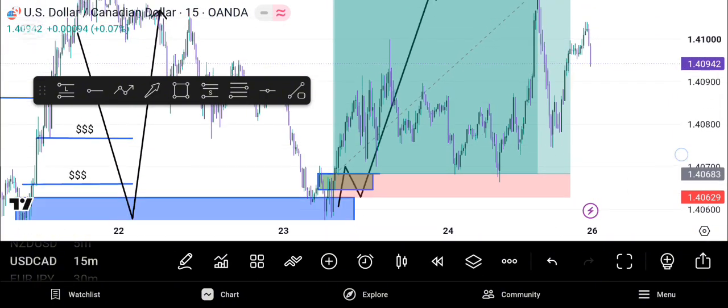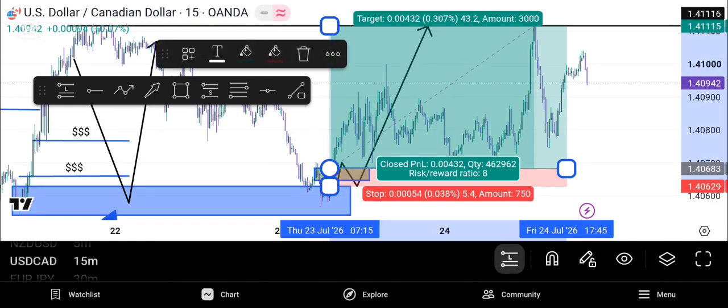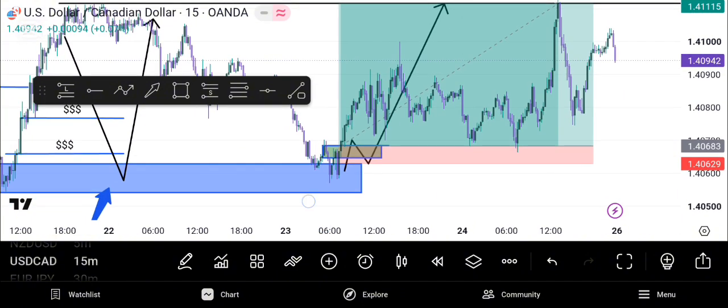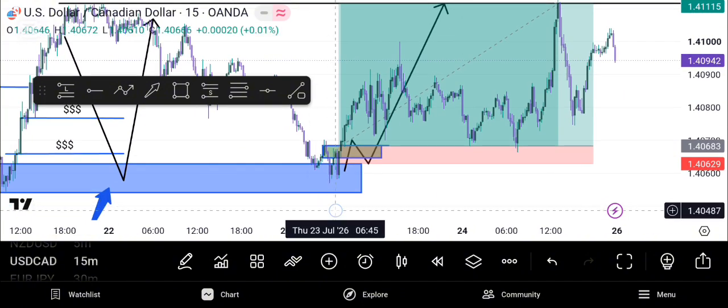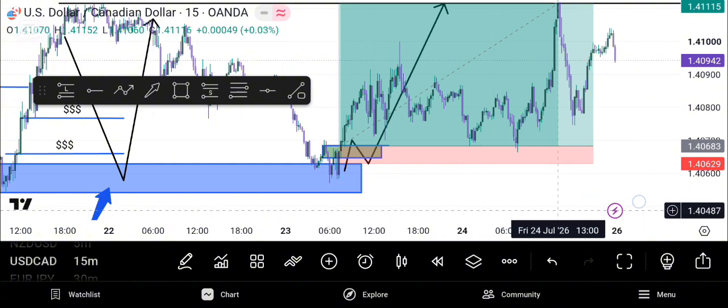I held this trade for about a day, not really up to a day, for some hours. You can see the trade happened from Thursday around 6 in the morning, then closed around Friday 1 o'clock.